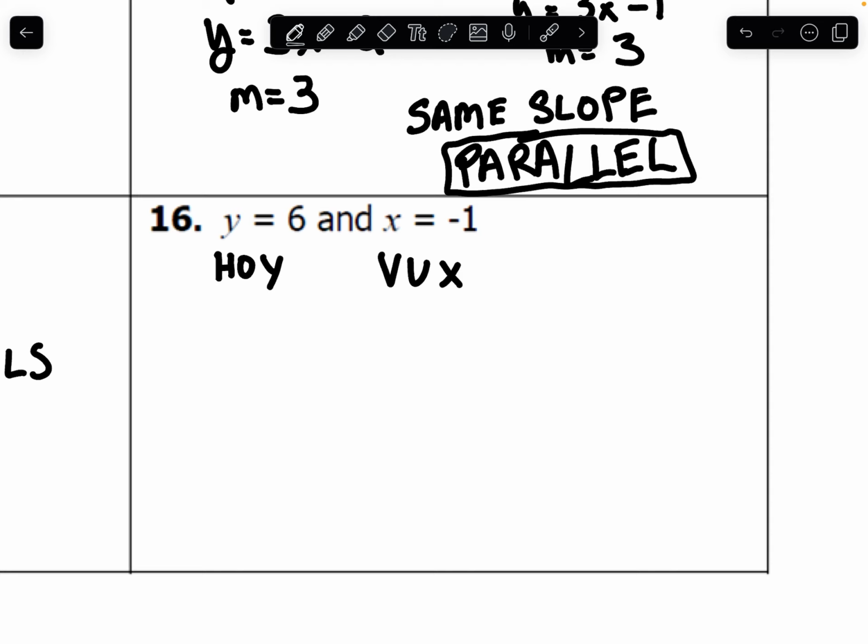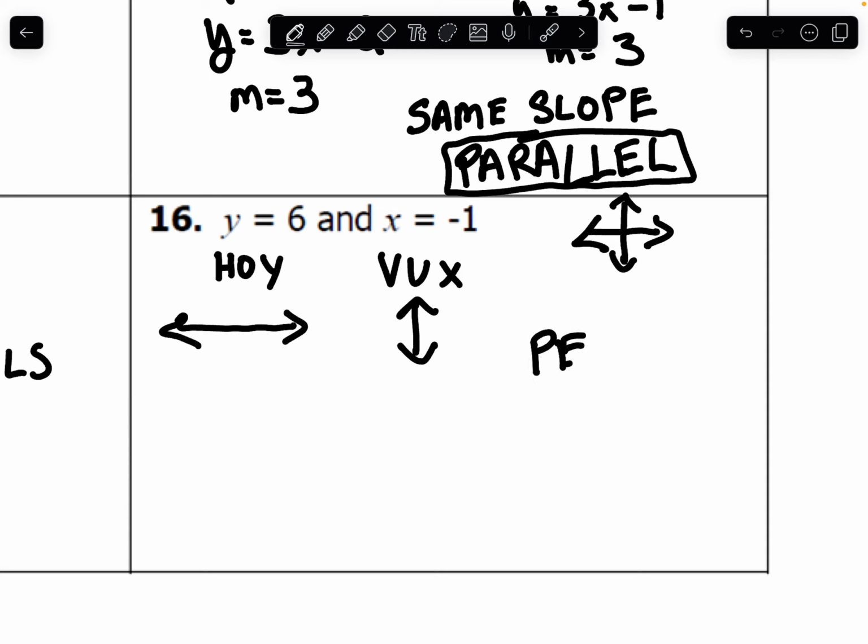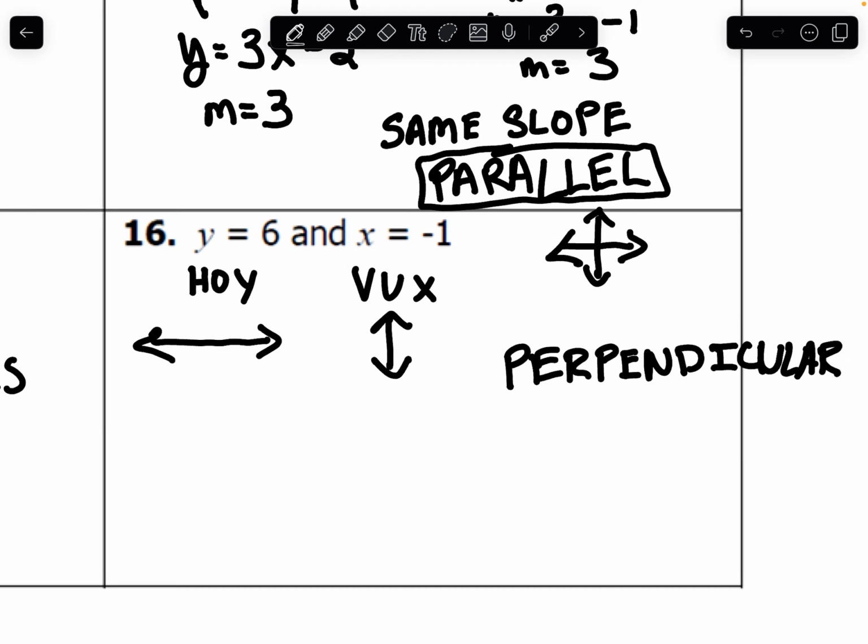Because it's y equals just a plain number, we're thinking this is a horizontal line, and this is a vertical line. Well, a horizontal line and a vertical line, if I draw them a little bit closer, they are going to be perpendicular. So a perpendicular line is what we have here. So they are perpendicular to each other.